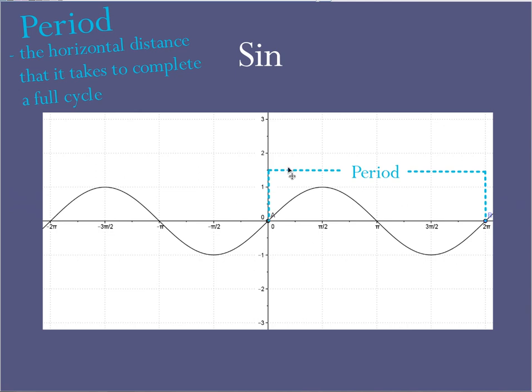If you look at the horizontal distance, that has a distance from 0 to 2 pi. So we say that our period is 2 pi long. From negative pi to pi, that's still 2 pi because I come 2 pi's across. So in this case, our period is 2 pi.